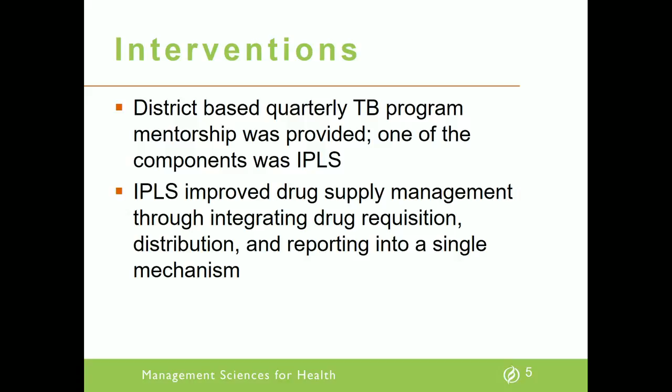The RRF, which is Report and Requisition Form, is where the health facility requests drugs from the National TB program or Regional TB program. So IPLS improved drug supply management by integrating drug requisition, distribution, and reporting into a single mechanism.